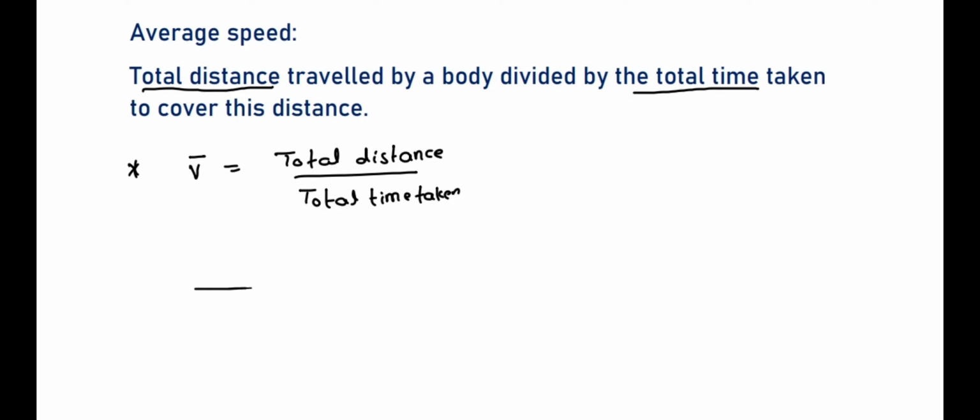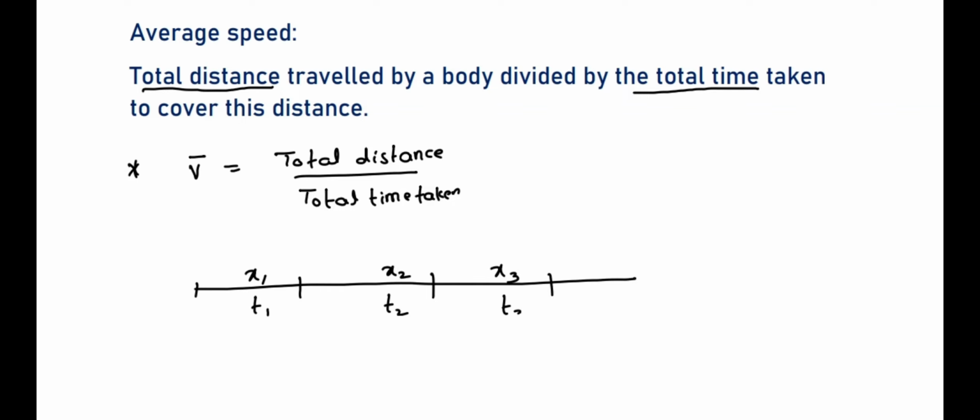So, how can we take it if it is the distance traveled? Now, here it travels distance x1 in time t1, distance x2 in time t2, distance x3 in time t3, distance x4 in time t4. Then what is the average speed here?